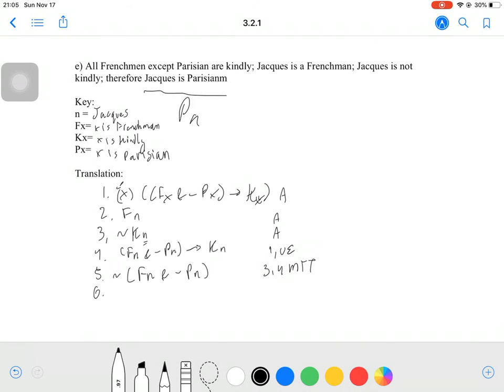Then I'm going to go back to my sequent introduction sheet and see that I have another 34.1 going on here. And that's going to allow me to say that it's not the case that I don't have Jacques being a Parisian. Why?